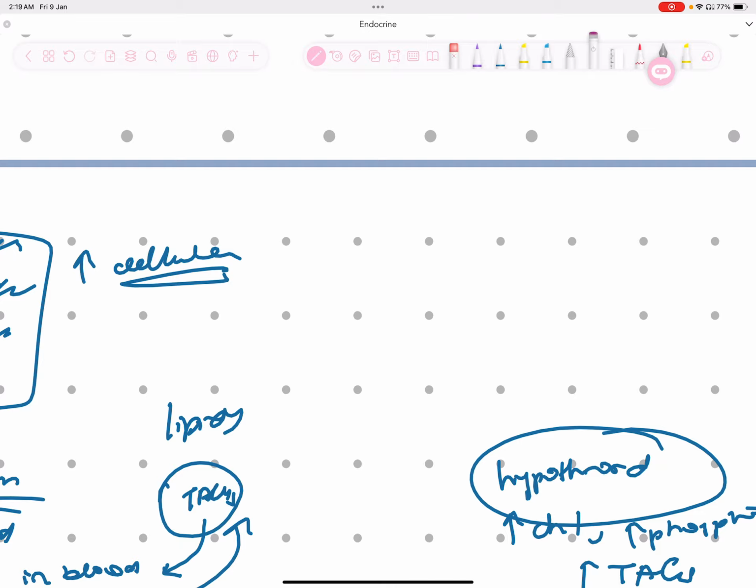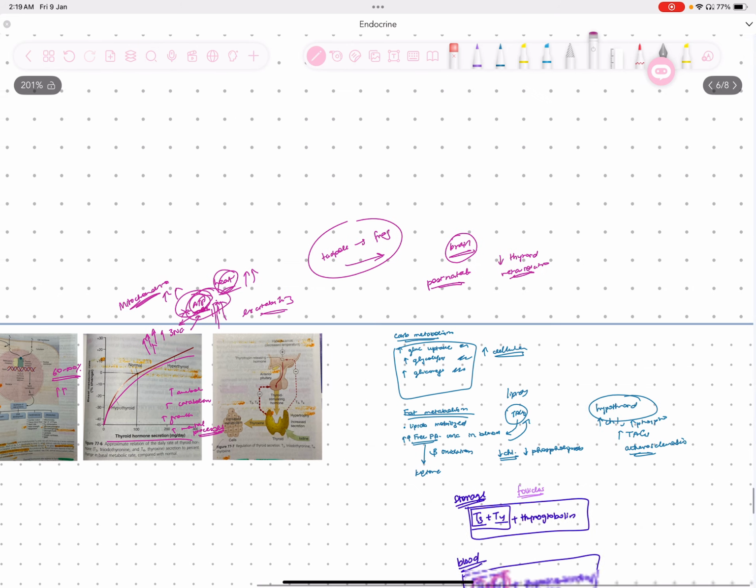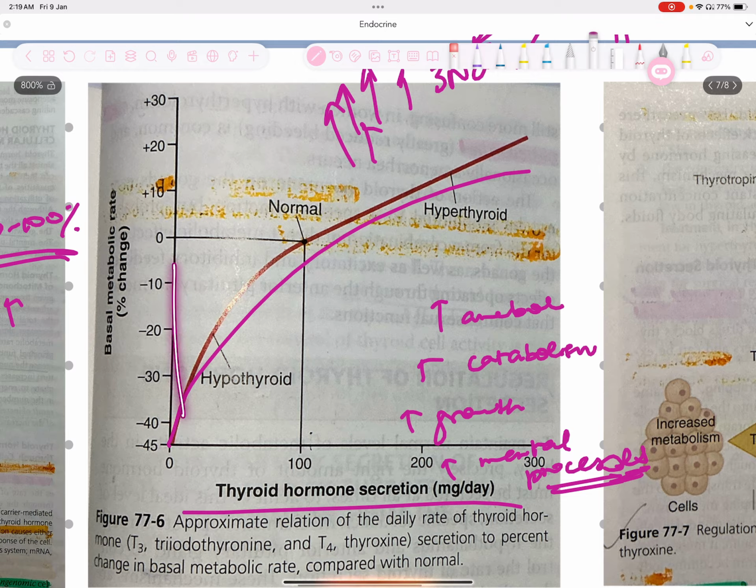And there's excessive basal metabolic rate. For that, it's important to refer to this diagram. Extreme amounts of hormones are required to cause high basal metabolic rates. So if the thyroid hormone is increasing a little, it's fine.